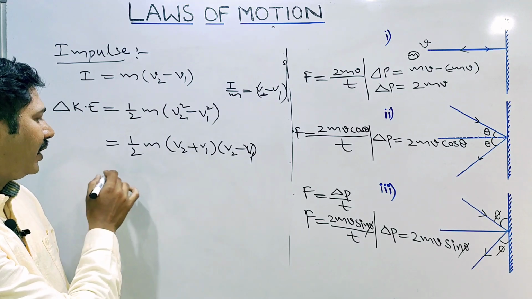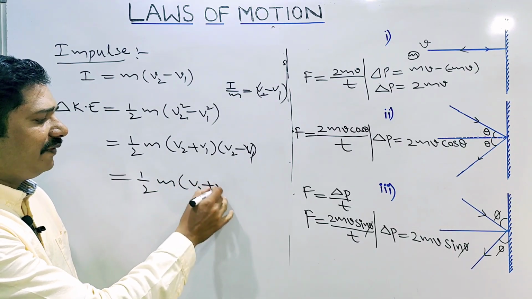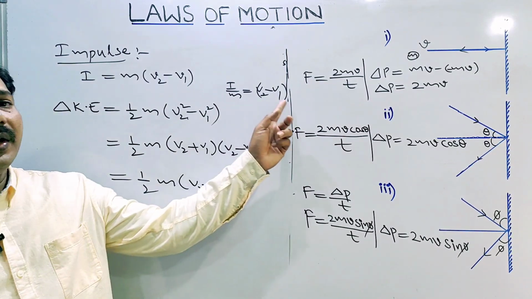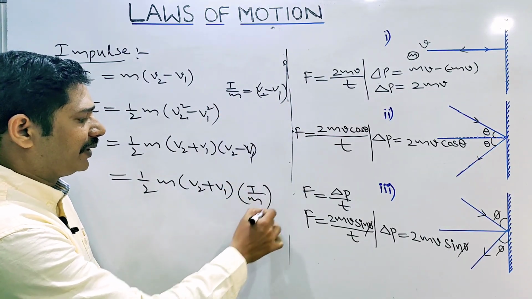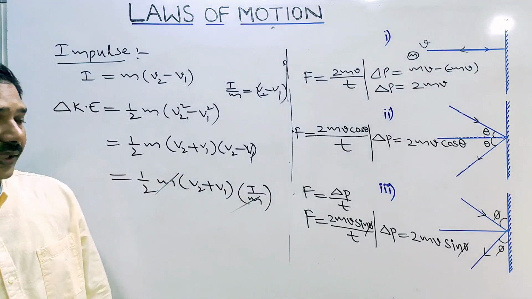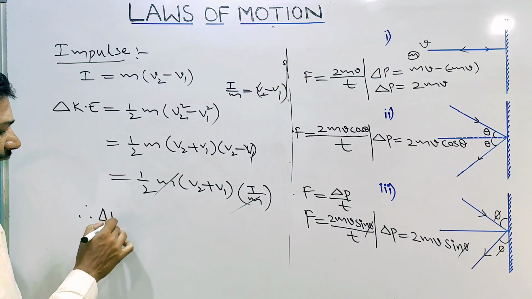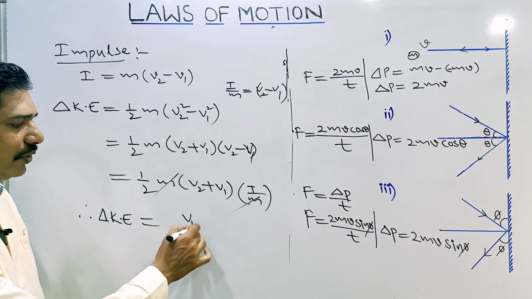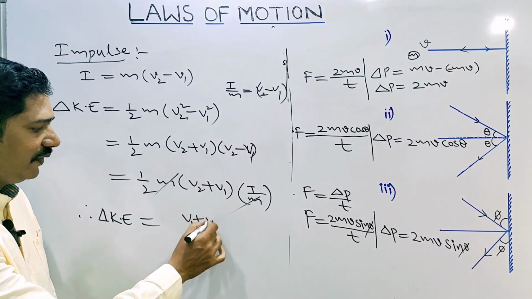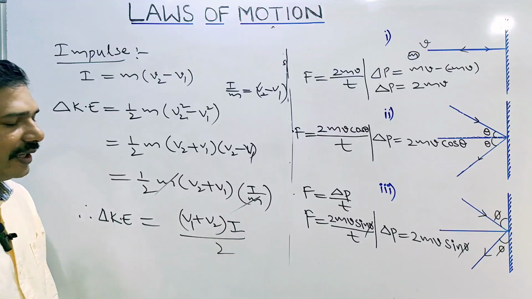So I want to write here m (v2 plus v1), and instead of (v2 minus v1) writing I by m, the m gets cancelled. Therefore the change in kinetic energy is (v1 plus v2) into I, divided by 2.